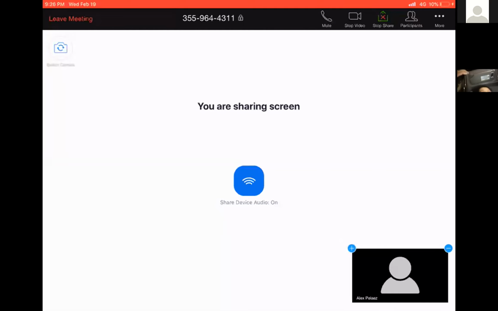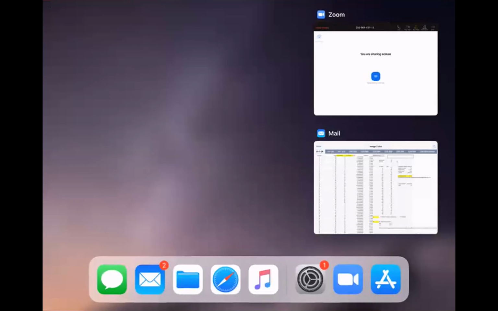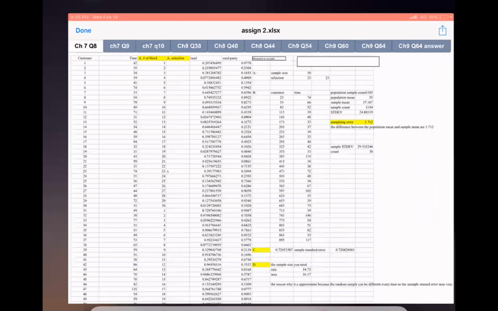There should be a share option, but to be honest with you, I've never done it on the iPad, so I'm not sure. It may only have the video option. Oh wait, it's still not working. Could you see it now? I can see the Zoom. I don't see the other thing. Okay, can you see it now? Yeah, there you go. Now I see it.